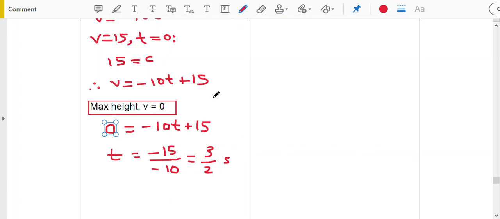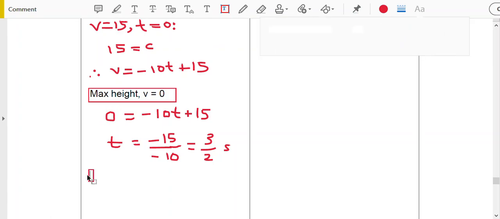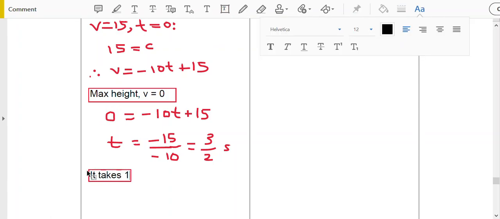So what this is saying is it takes 3 over 2 seconds, which is 1.5 seconds, if you want to write it as a decimal number. So it takes 1.5 seconds for the ball to reach maximum height. So I'll just write that in there. So it takes 1.5 seconds to reach max height.